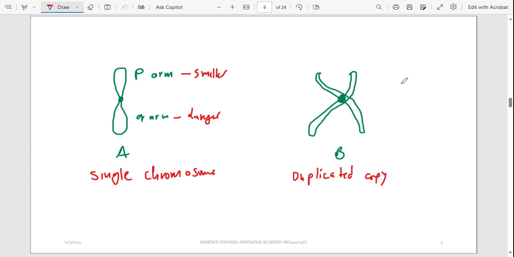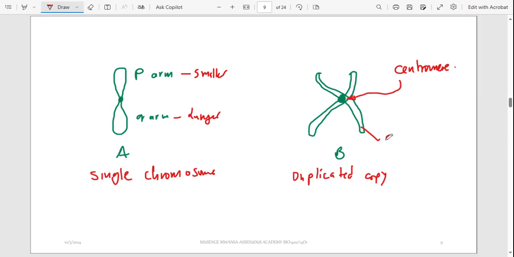When you look at the duplicated chromosome, they are both attached in the middle here, and we call that a centromere. Okay. So the centromere is a position of DNA which acts as a link between these two guys. Now these two guys are known as sister chromatids.